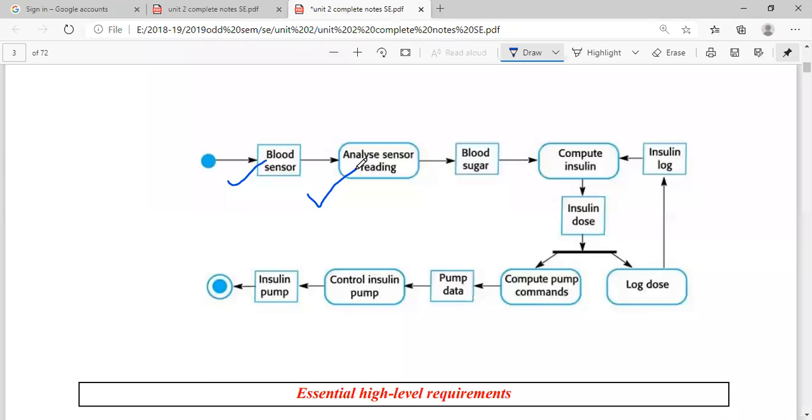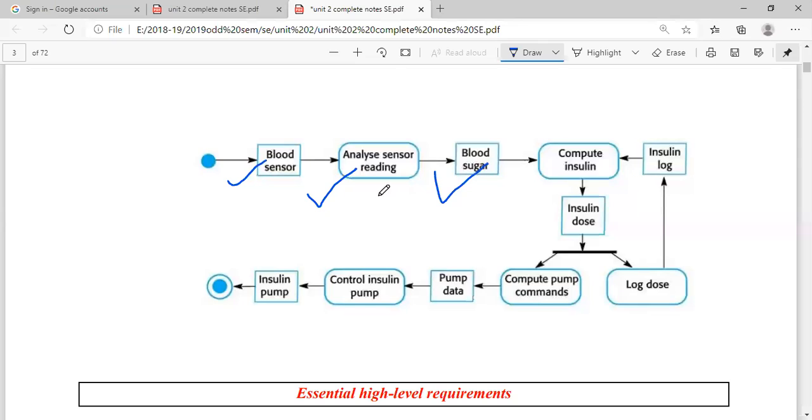It also maintains a backup record of the patient's blood sugar readings, and depending on that it makes some analysis to calculate how much insulin is needed for our patient today.